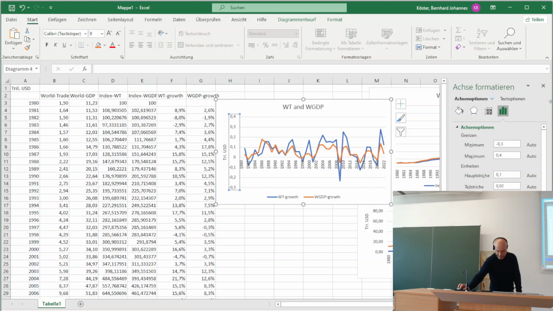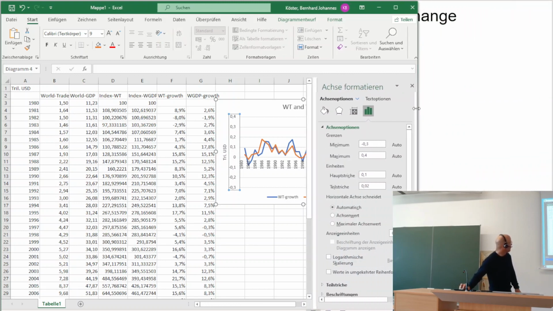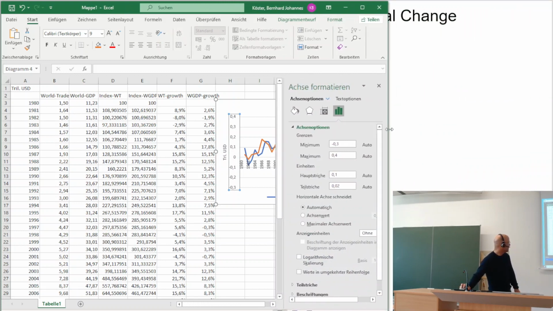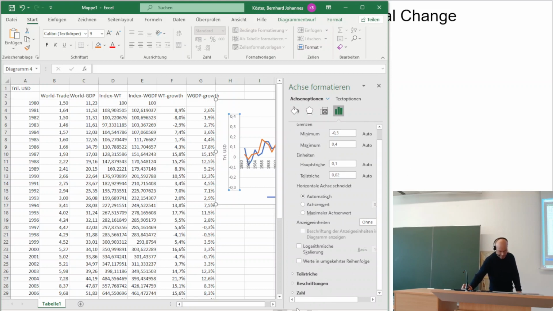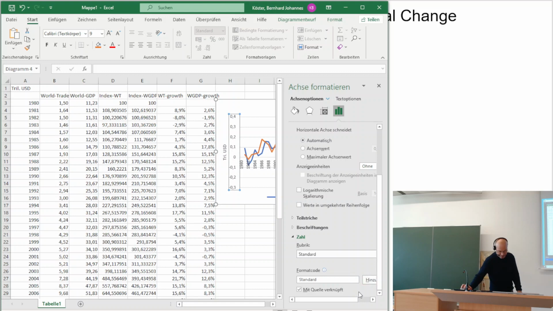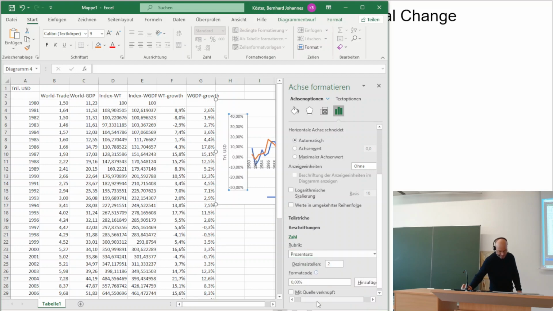Oh, this you can't see though. Go just here, and here you can change it to percentage.